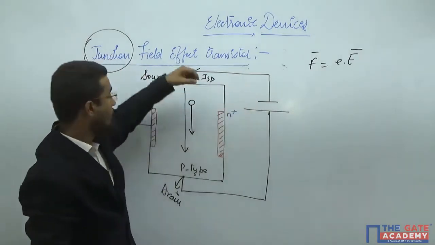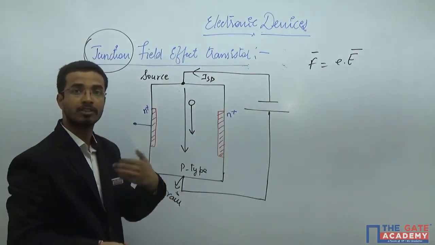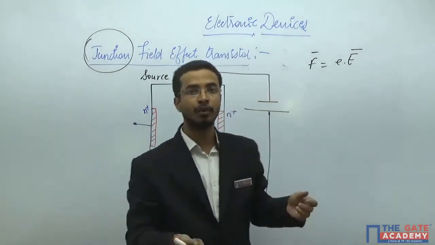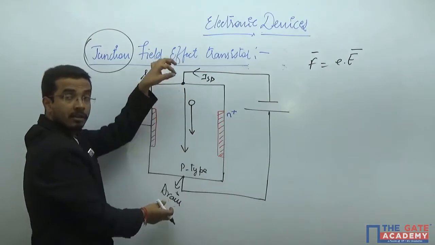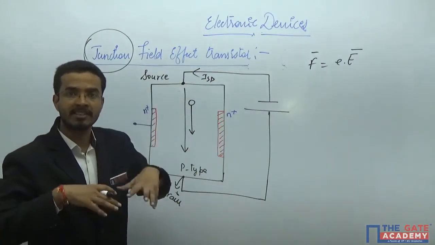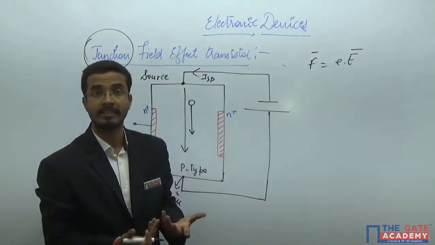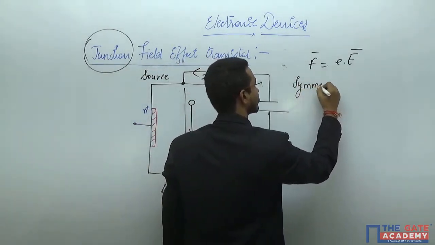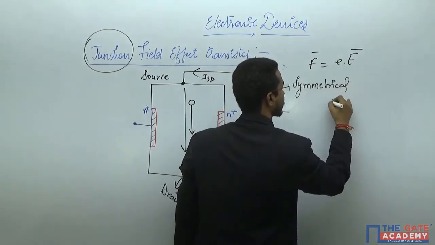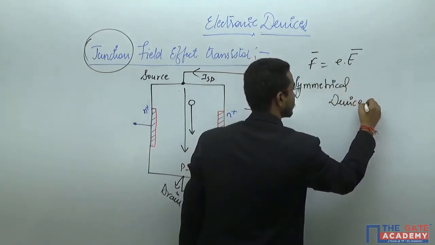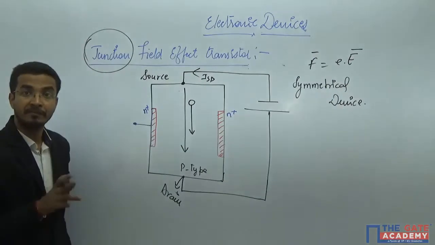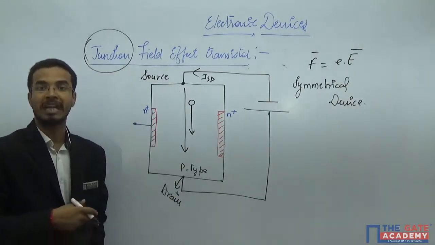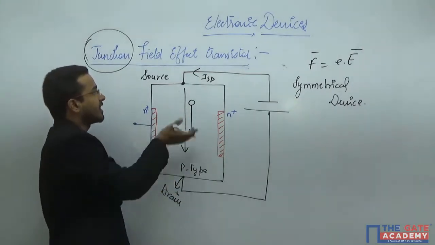The battery decides which terminal acts as source and which as drain, so you have the freedom to interchange these two terminals. Whenever a device has such flexibility, it is known as a symmetrical device. So the JFET is a symmetrical device, because you can interchange the source and drain.